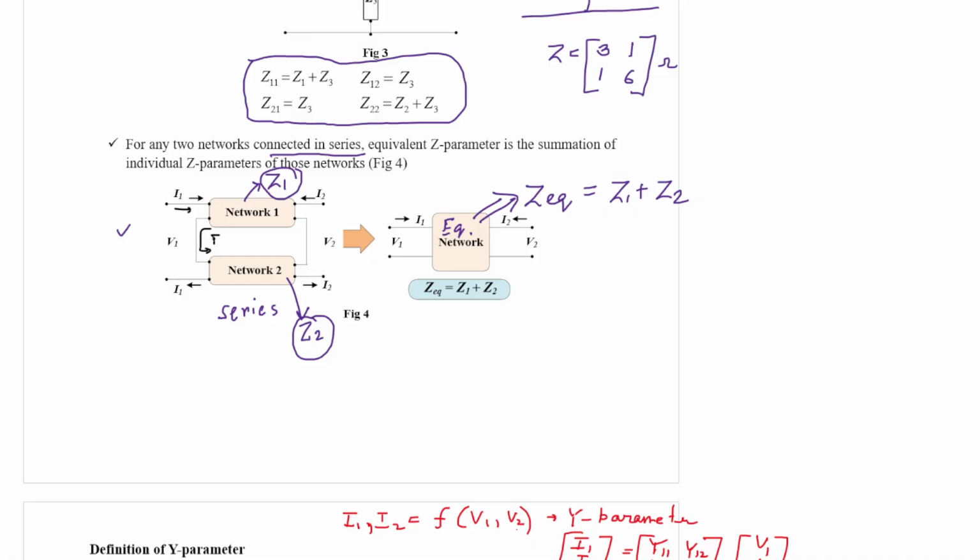This is also I1, and it closes the circuit in this fashion. So through the input port the current I1 flows, and similarly I2 flows through the output port. That is why it is called a series connection.